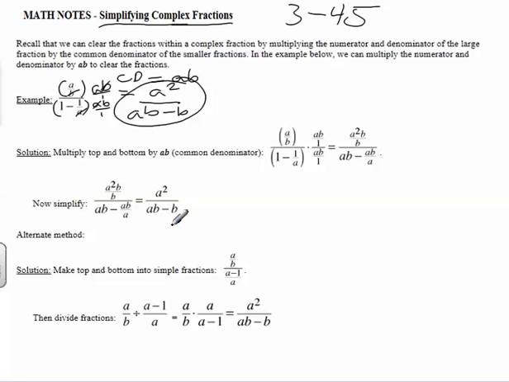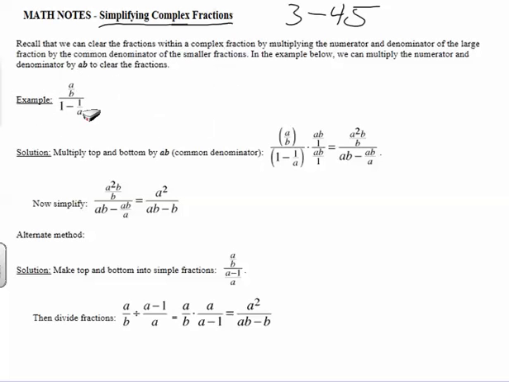So that's strategy 1. The second strategy is what we've got down here. And that strategy is to change it into a situation where you have a fraction divided by a fraction. So I'm going to need to put the two pieces on the bottom together here to make it one fraction. The top's all set.